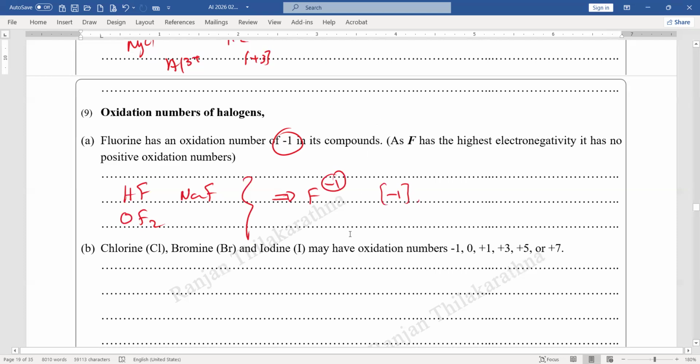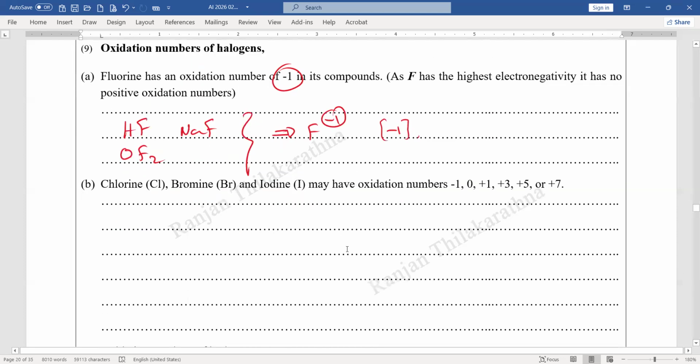Next one, chlorine, bromine, iodine may have the oxidation states -1, 0, +1, +3, +5, +7. Even other even numbers may also be possible.